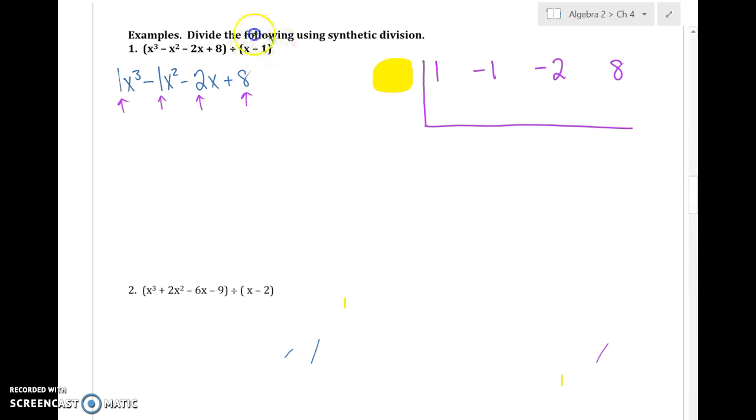That number comes from the divisor x minus 1. You have to set x minus 1 equal to 0 and solve it. What would x be if x minus 1 equaled 0? 1, which is basically the opposite of the number in that binomial. So that's the number that goes outside of the synthetic division bar.